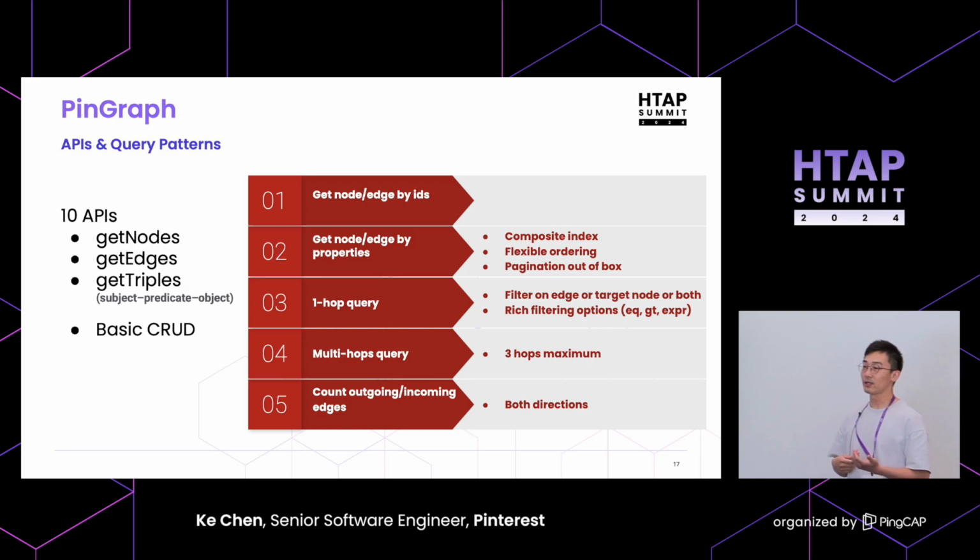Basically, our API is built on Thrift, and it's built on basic CRUD operations on our primitive data types, such as get nodes, get edges, get triples. Triple is our internal entity to represent the subject, predicate, object model. If you're familiar with the graph world, it's basically used to query the node adjacencies.